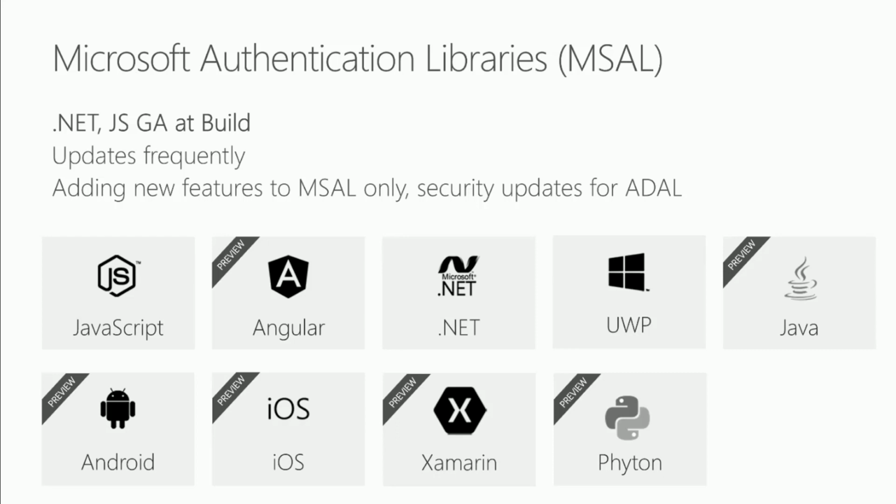So the Microsoft Authentication Library isn't really one library, it's a family of libraries, and we're trying to reach as many different developer platforms as we can in order to make it easier for you to write these applications.